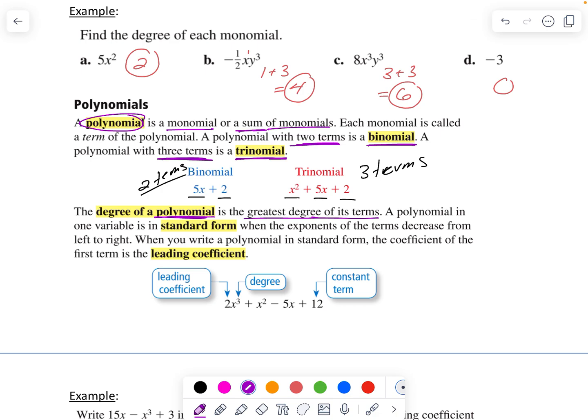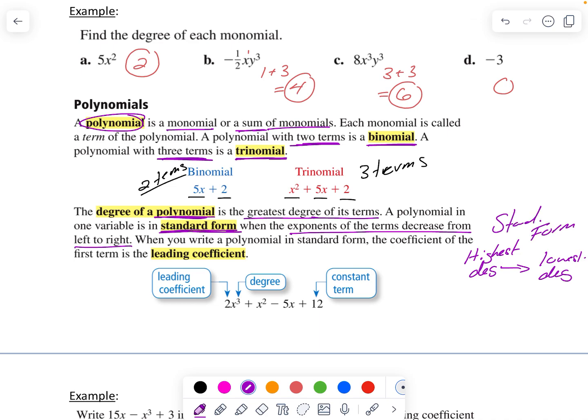So if you look at the degrees of each of their terms, whatever the greatest is the degree of the polynomial. Standard form is when the exponents decrease from left to right. In other words, highest degree to lowest degree is standard form.